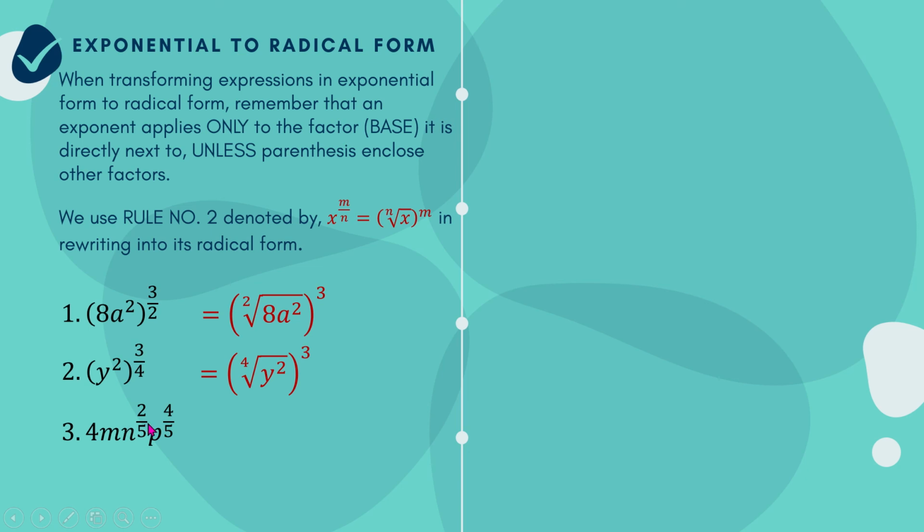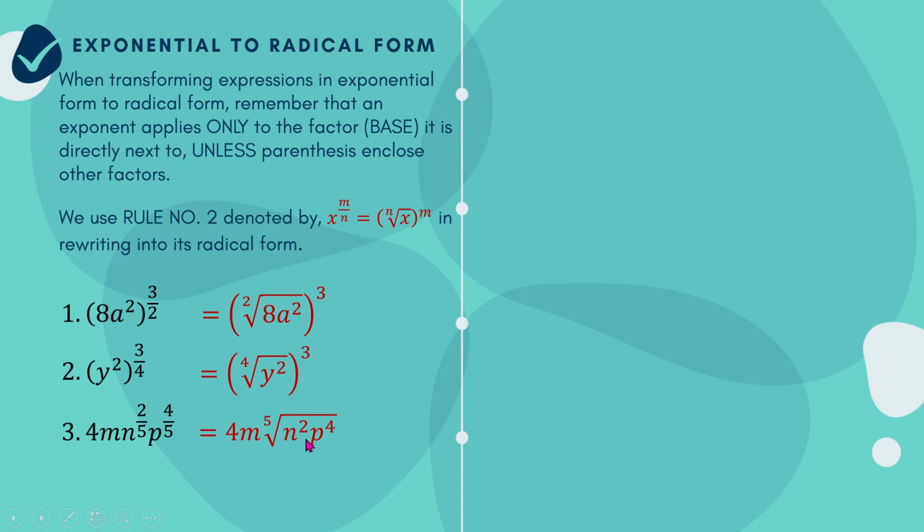So we get the idea that 4 and m cannot go inside the radical symbol, since their exponent is a whole number. What goes inside the radical symbol are the bases with fractional exponents. So that would give us the answer 4m.